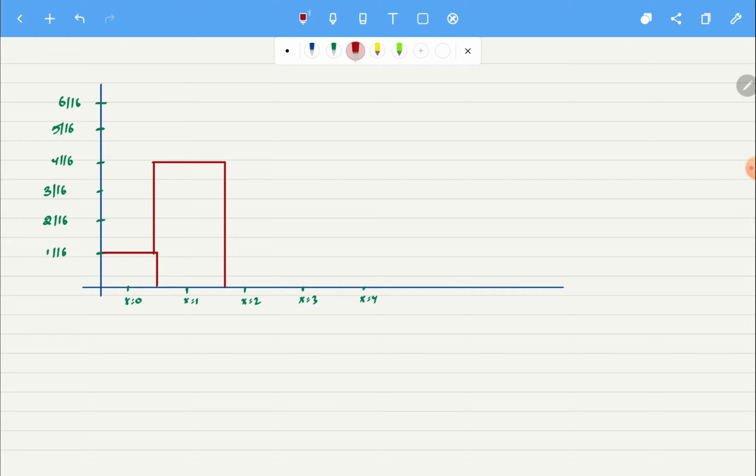For x equal to 2, we had 6 by 16. For 3, we had 4 by 16, and for 4 again we had 1 by 16. So I will complete this as well.